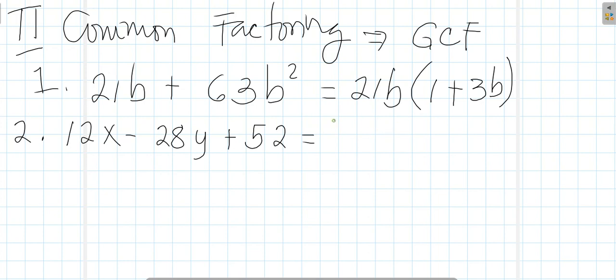The greatest common factor is 4. Then divide. 12x divided by 4 is equal to 3x, minus 28y divided by 4 is 7y, plus 52 divided by 4 is 13. So, we have now the answer.